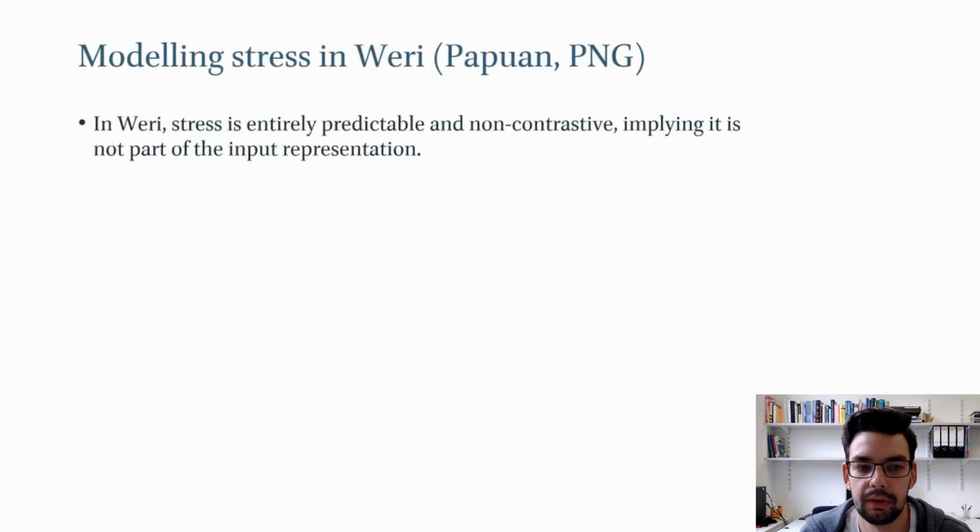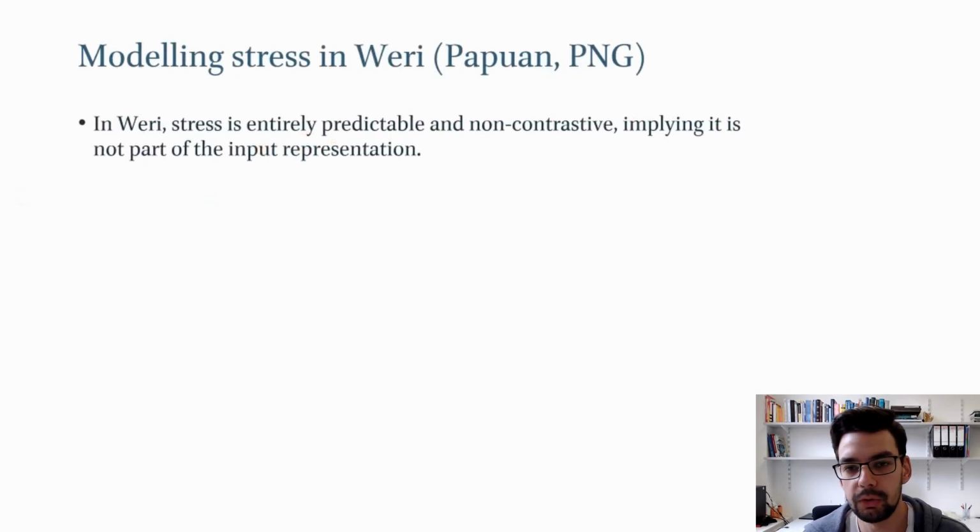That's not the case in Weri. In Weri you can predict where the stress is going, just by knowing the sounds and the sort of interrelations that they have in the language, and by knowing some rules. So that's sometimes what we call non-contrastive. Right? It can't make a difference in meaning. So that situation implies that it's not part of the input representation.